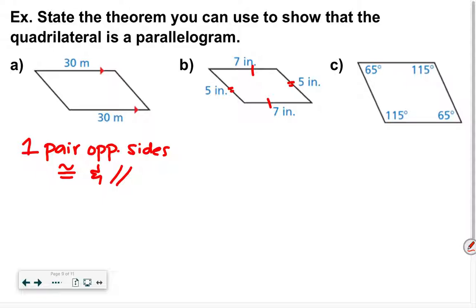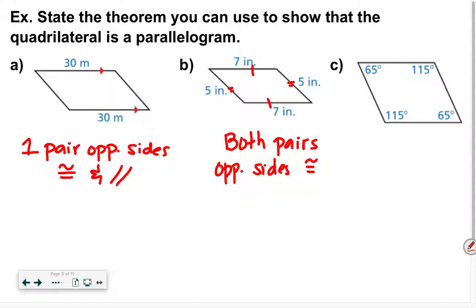Number 2, both pairs of opposite sides are congruent to each other. So again, we have to be very deliberate about how we're wording this. Both pairs of opposite sides, they are not angles, are congruent. Both pairs, you can't just put opposite sides congruent. You have to add those 2 words in there.